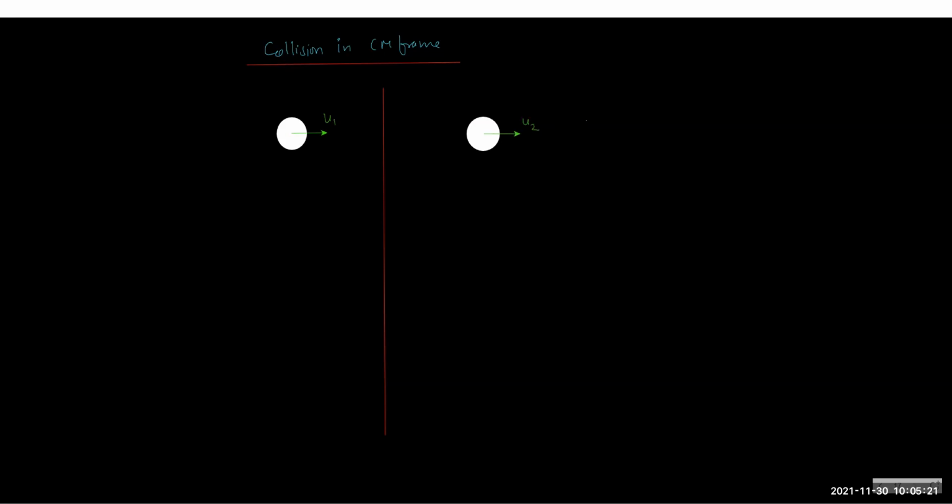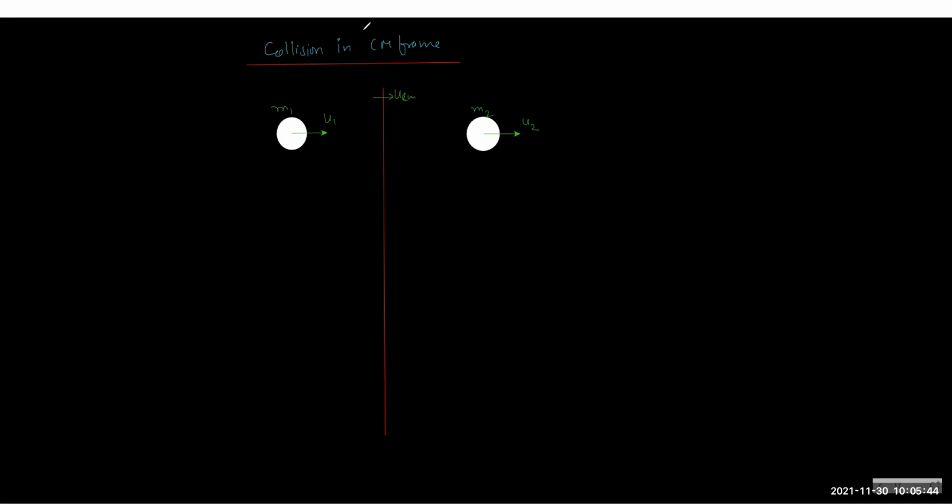So now we know that if you say u1, u2 are the velocity of each mass, then definitely the center of mass will also move with some velocity. Let's say the red line, I'm calling this as center of mass. Now this will never stop. So center of mass, once you know, it's moving forever.